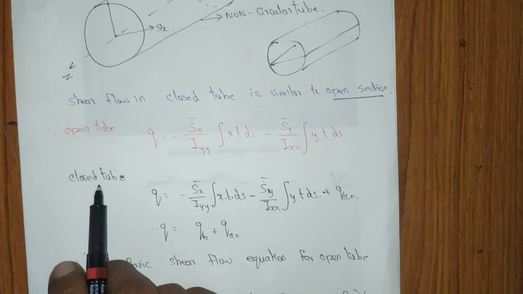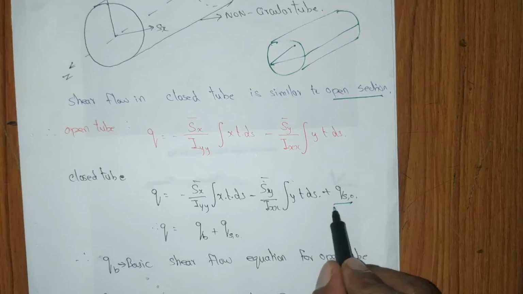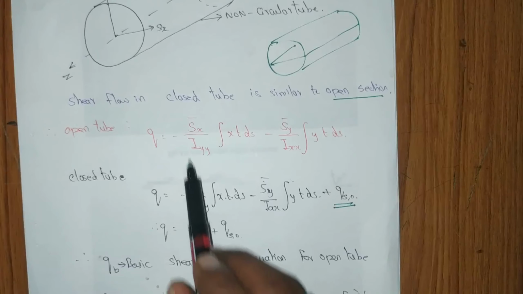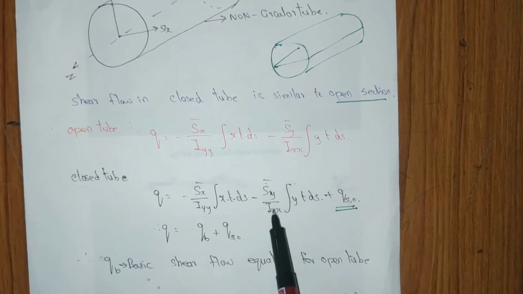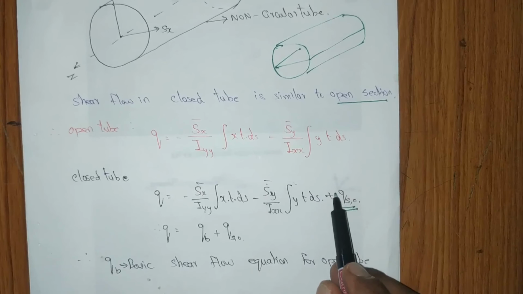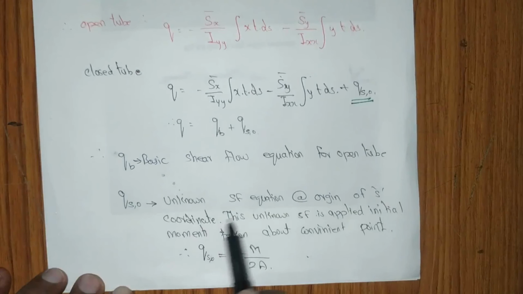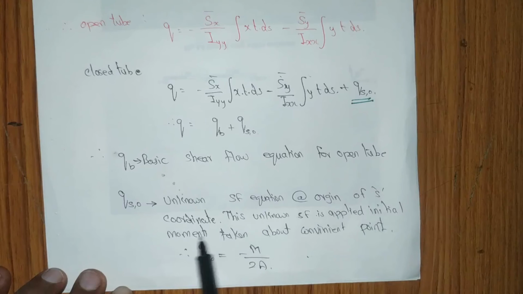For closed tube, the same formula will come, and in addition to that, we have to add the unbalanced moment value. That means Q equals minus Sx bar by Iyy integral of x t ds, similar to this, and minus Sy bar by Ixx integral of y t ds, everything is the same. Only you need to add Qs0. Qs0 is the unknown shear flow at the origin of the S coordinate.